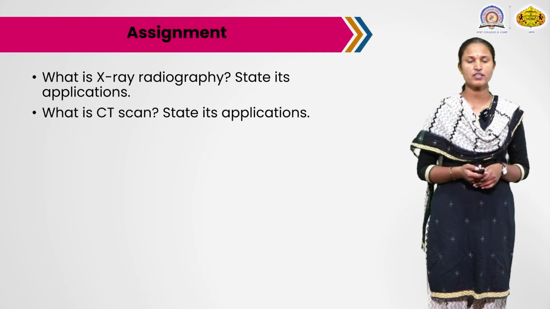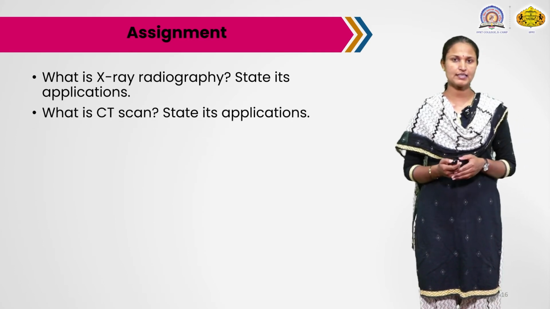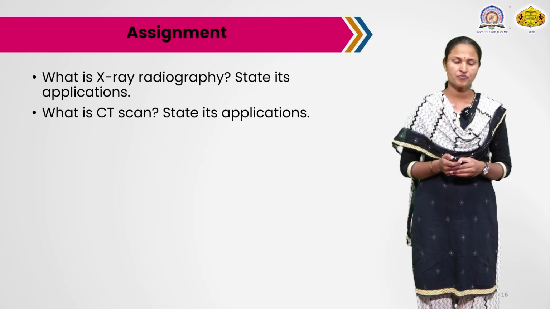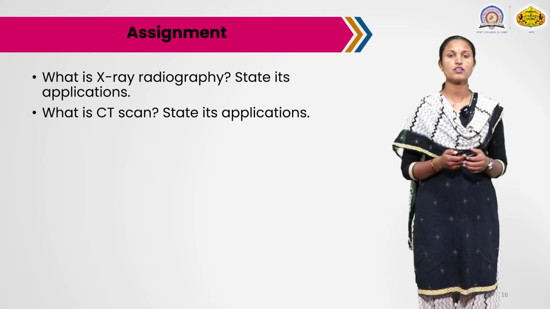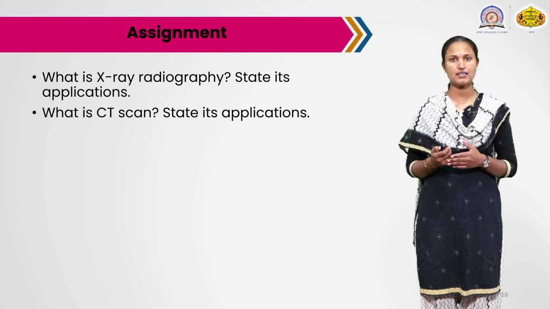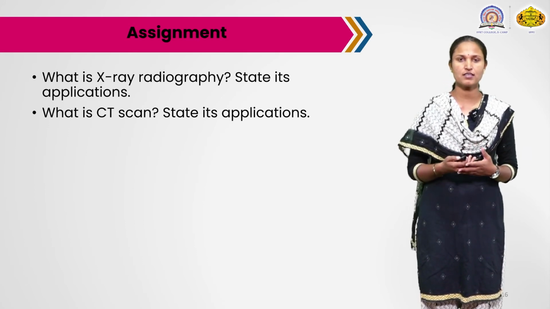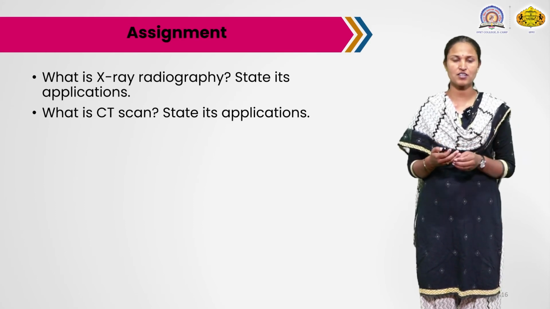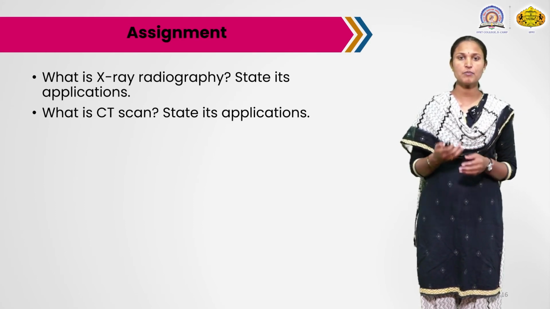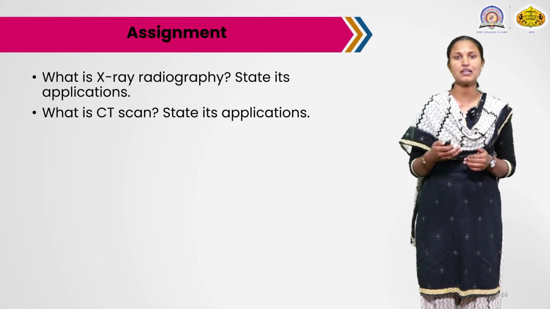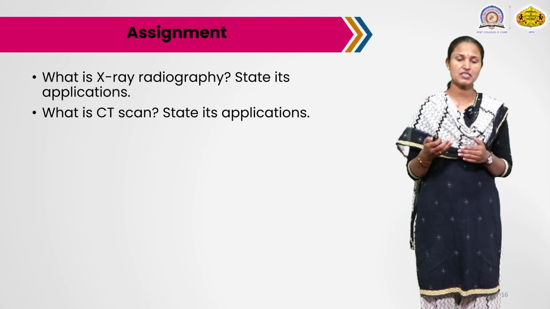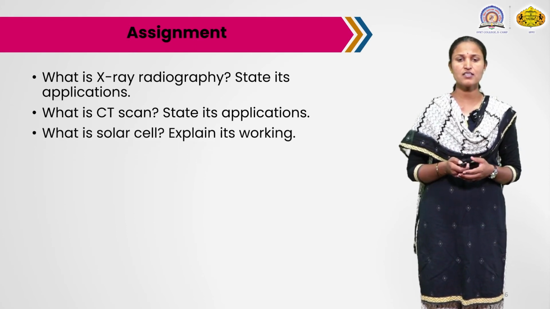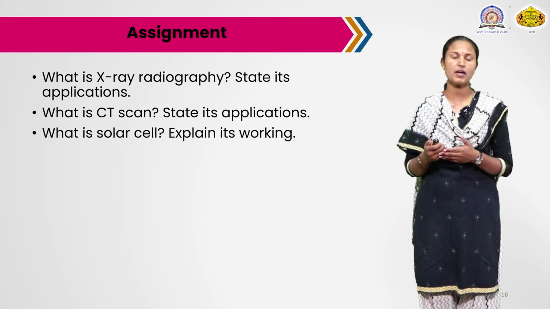Next question: what is CT scan? State its application. We know that CT scan is computed tomography. This scanning is formed on a computer basis, and it scans a small section of our body, and multiple images are formed. As for its applications, CT scan has many applications.